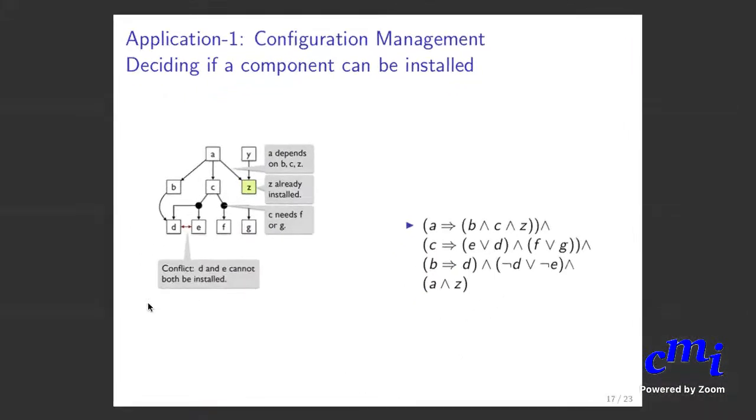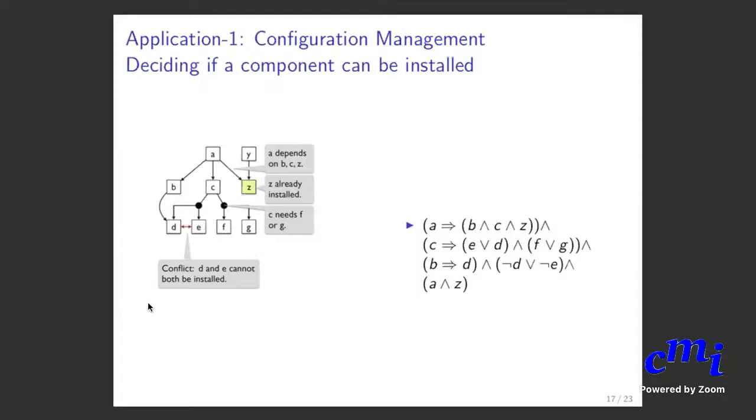See, this is another kind of situation where propositional logic is quite popularly used to model. It's configuration management, deciding if a component can be installed, whether you want, this could be a software component, or whether something is implementable or not.